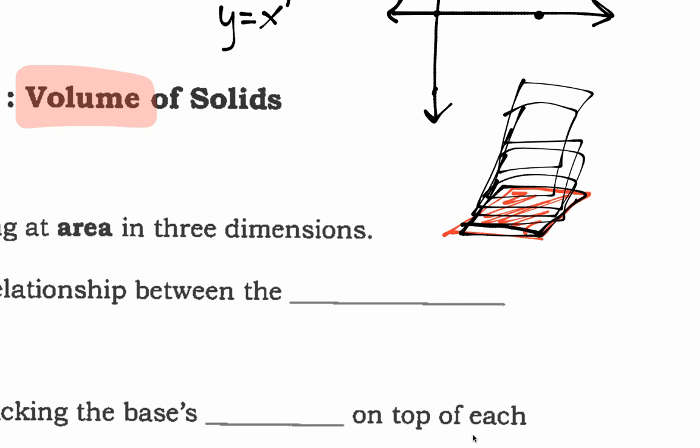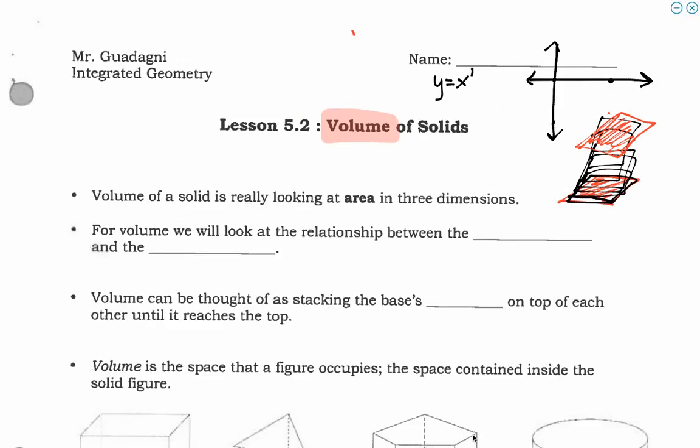The only thing we did though is we replicated this red base a bunch of times, and then whatever piece of paper is on top is going to have that same red base. So think of a stack of paper that you'd be putting to a printer or a ream of paper. It's basically looking at area in 3 dimensions.